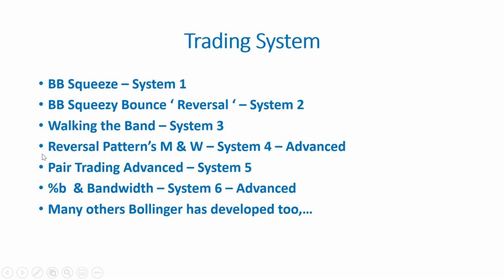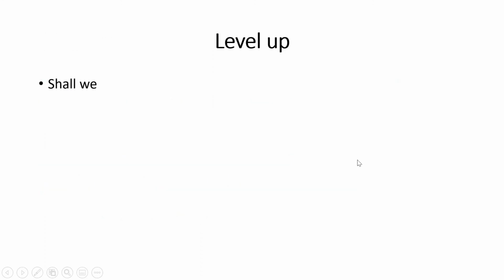Maybe in future, if someone is interested in learning about it in depth, you can go learn it from John Bollinger. Or if time permits and we really are interested and master this pattern, then we can go to the next part. The next part would look like this.